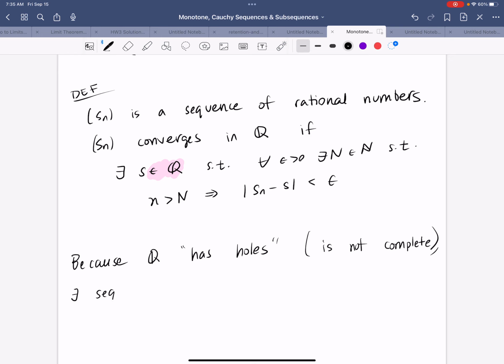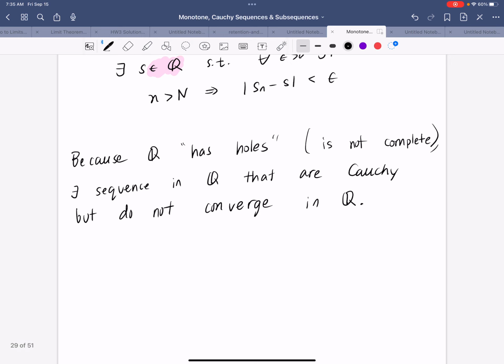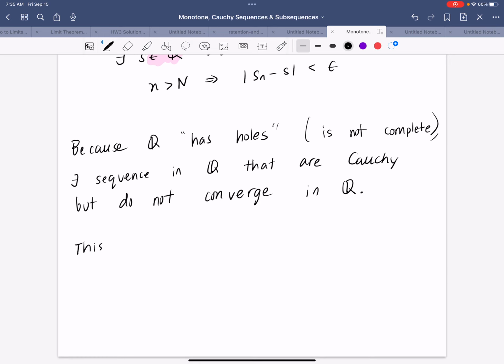There exist sequences in Q that are Cauchy, but do not converge in Q. So this doesn't happen in R. Because R is complete.